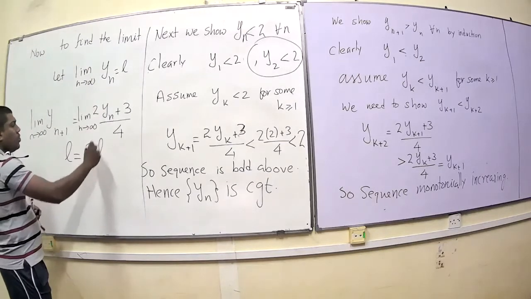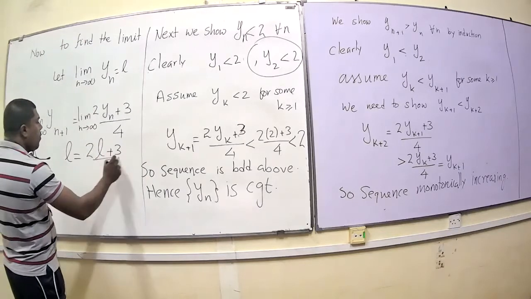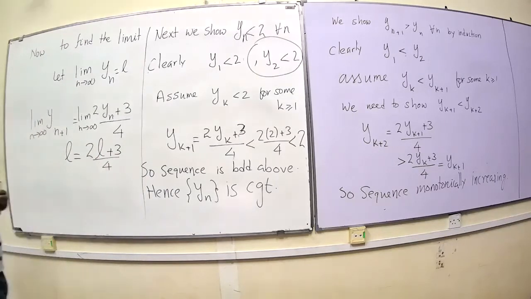This is (2 times, Yn goes to L, plus 3) over 4. Right? So if you take the limit as n goes to infinity on both sides of the formula which defines the sequence, then you get an equation or a relationship in terms of L. Right? You get L is equal to (2 times L plus 3) over 4.